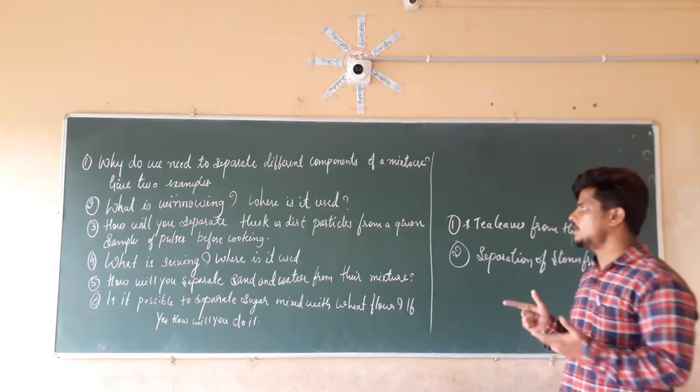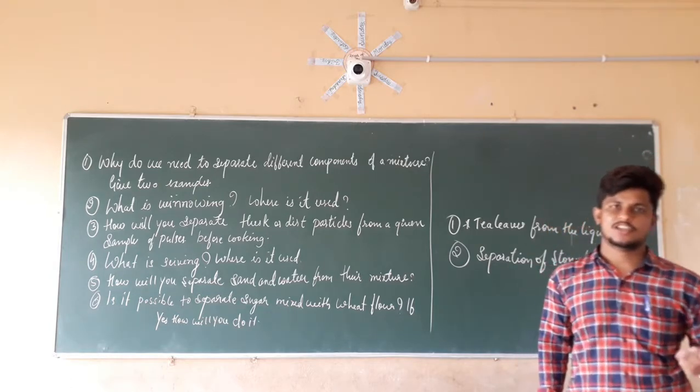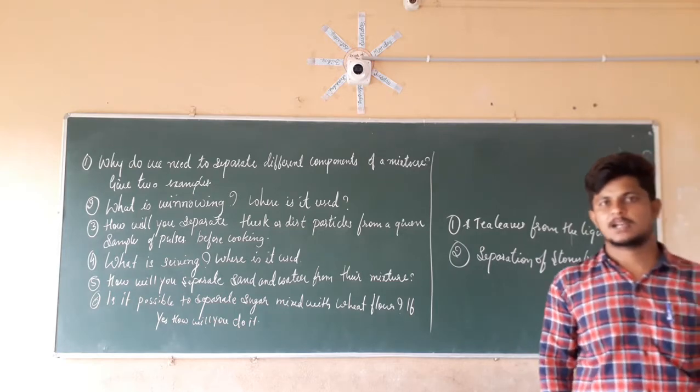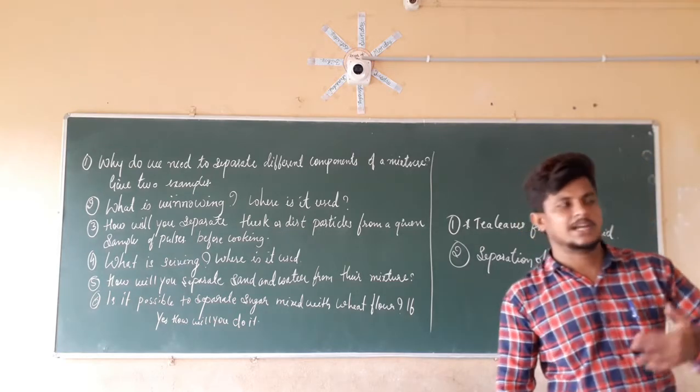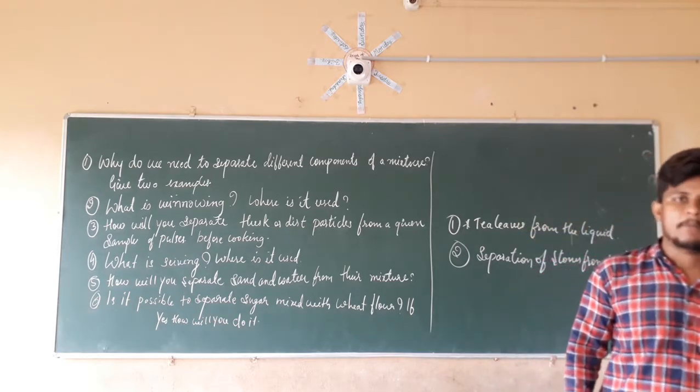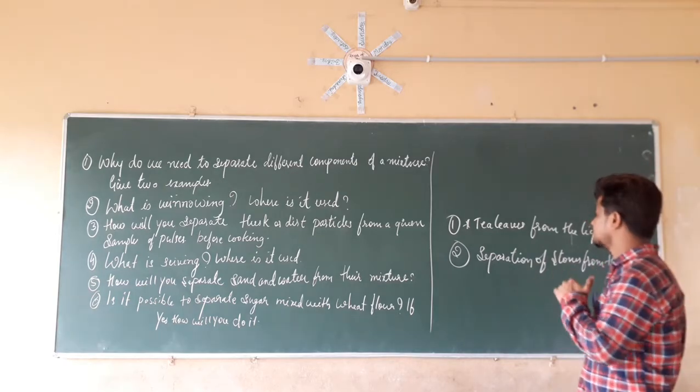So we can define winnowing as the process of separation of the lighter particles from the heavier particles by the action of what? By the action of the air.